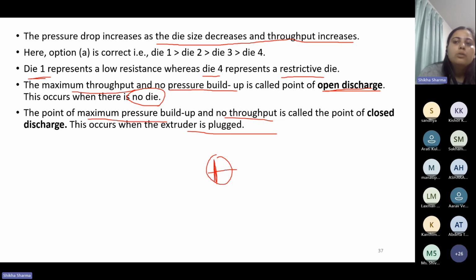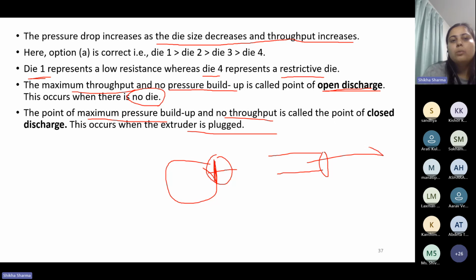There is no opening here, so throughput will be 0. In open discharge, there is nothing at the barrel end, so everything can come out. Throughput is high and no pressure is built up. This is called the open discharge condition.